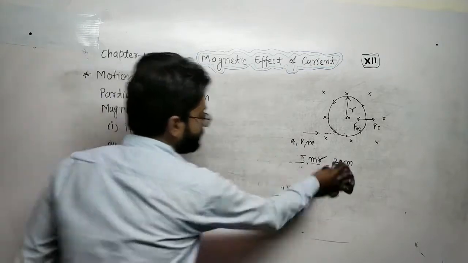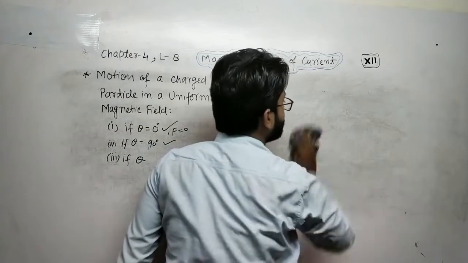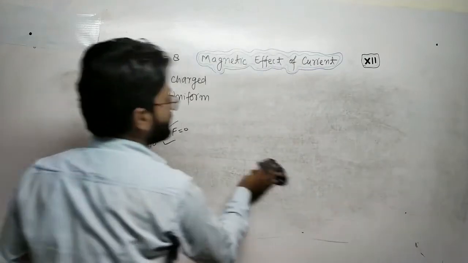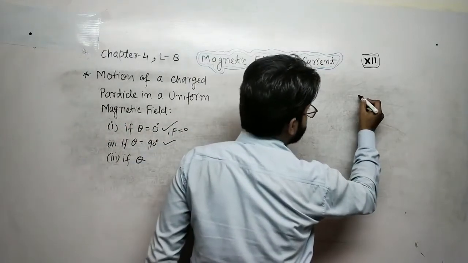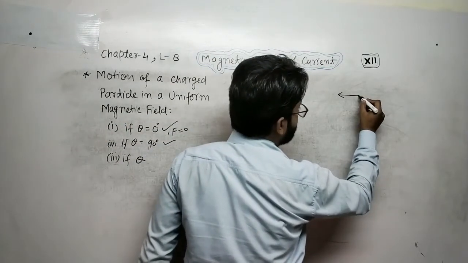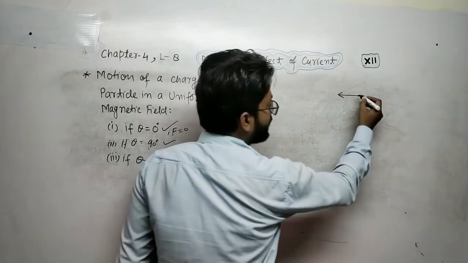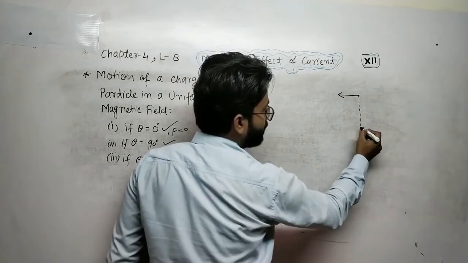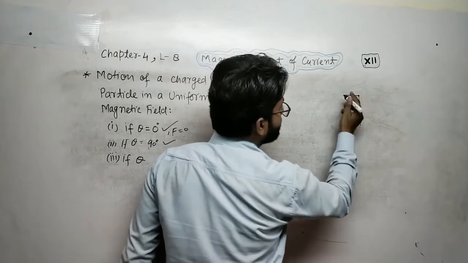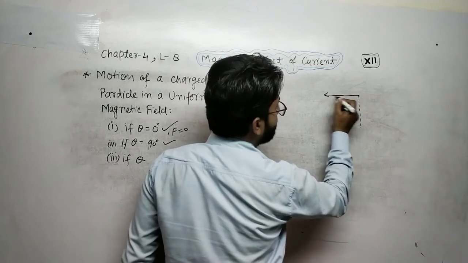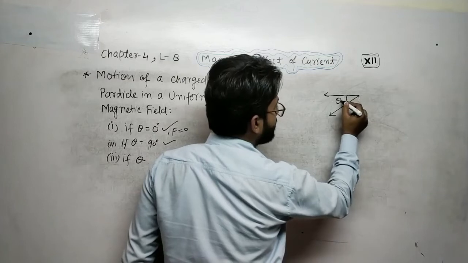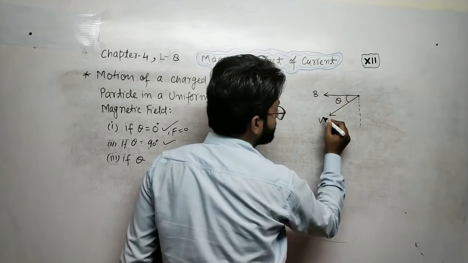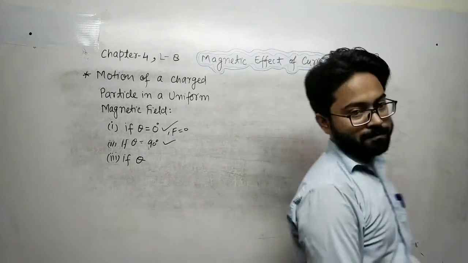Okay, any arbitrary angle theta. Let us suppose this is the direction of the magnetic field, and this is the perpendicular direction, and at that particular angle with the magnetic field, the charged particle enters.